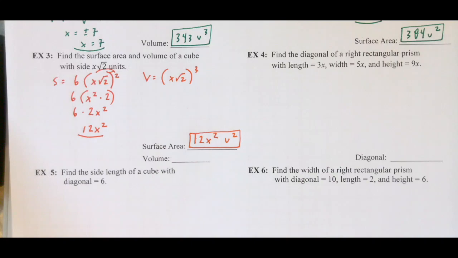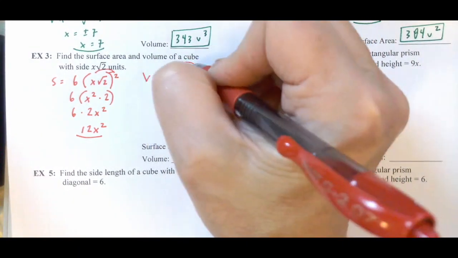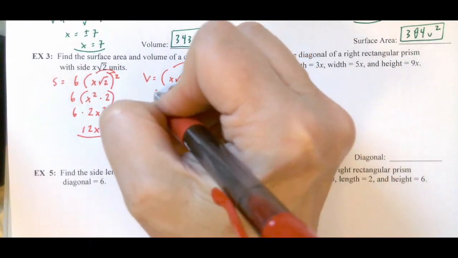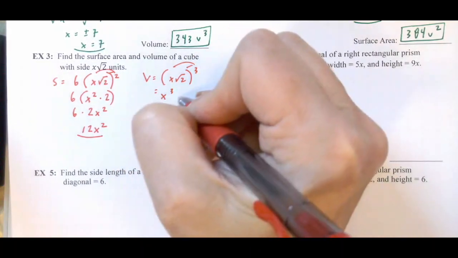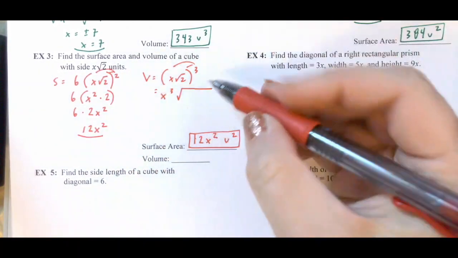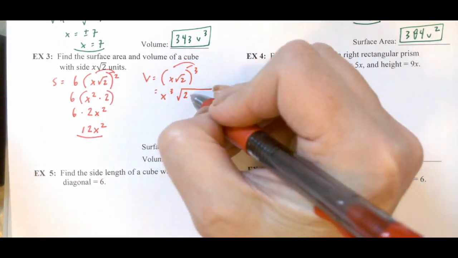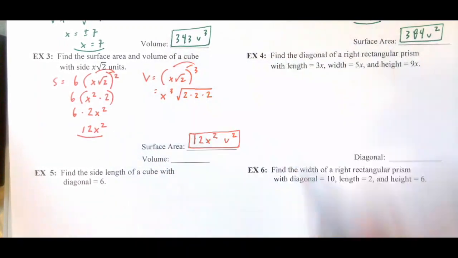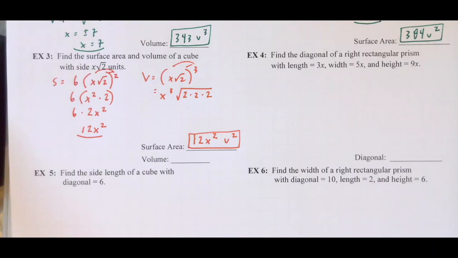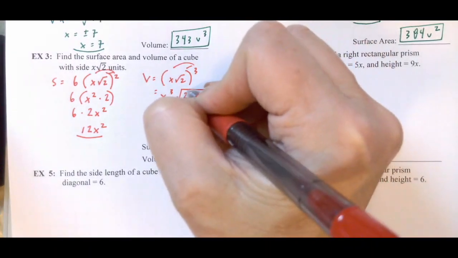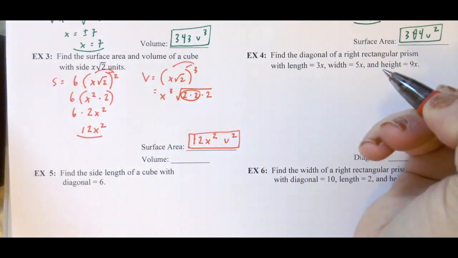Okay, volume, again, I'm going to distribute that exponent. So that gives me x to the third power really fast. But really, root 2 times root 2 times root 2. It's like putting 2 under the radical 3 times and looking for the square root. So I'm looking for pairs. I see this group of 2.